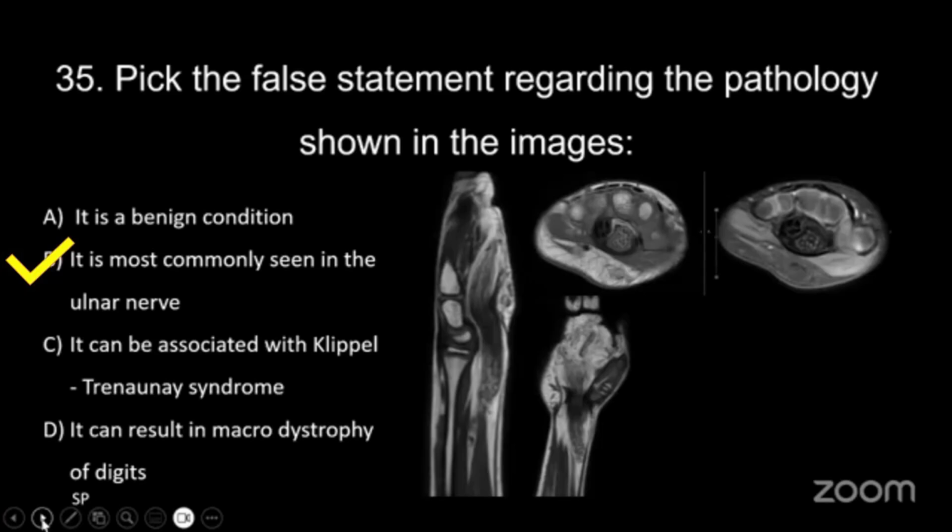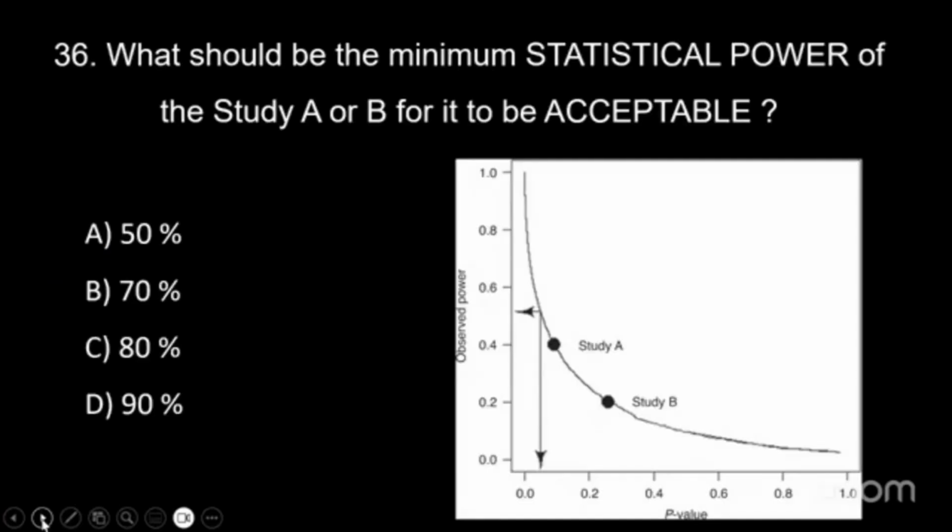Ulnar nerve is not commonly involved. If you are in research or in statistics, more than 80% is acceptable, and that's the answer here.